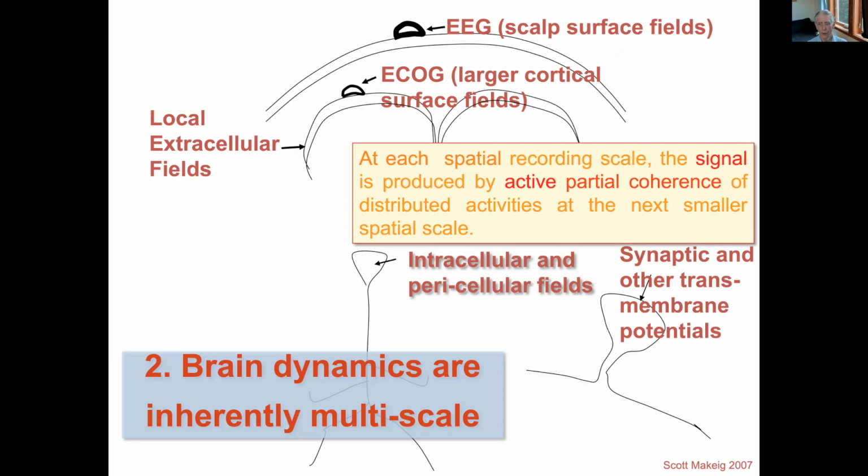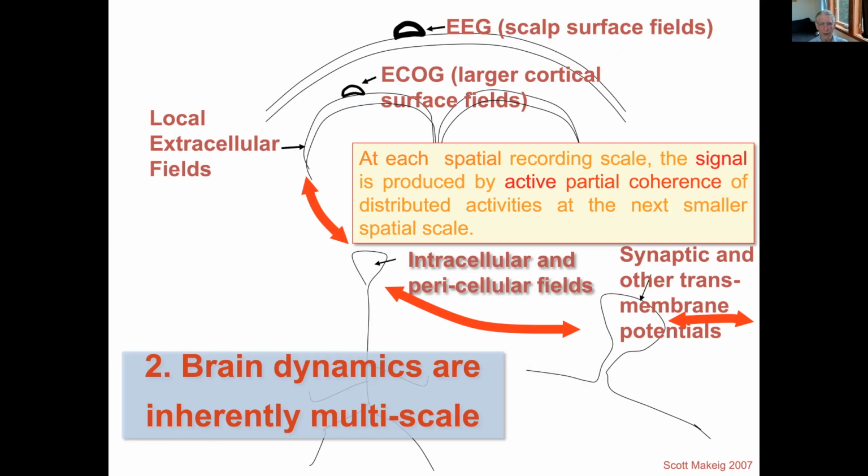So if you were able to record from the bouton of a neuron, you would record potential fluctuations that actually arose through molecular events, synaptic molecular events, and their coherence in time and space. If you record from within the cell, the voltage time series you're recording actually reflects the activity on thousands of synaptic and also non-synaptic sites on the cell surface, as well as the intracellular dynamics.